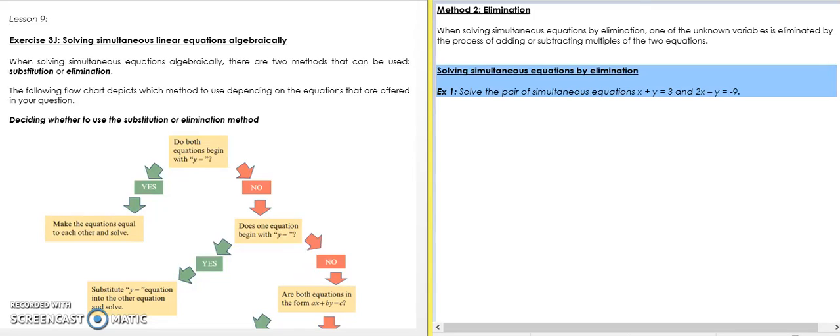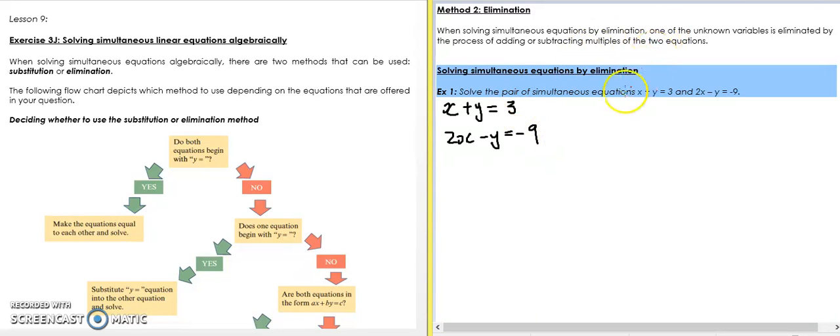So right now we have a set of equations. Here we have x plus y is equal to 3 and 2x minus y is equal to negative 9.